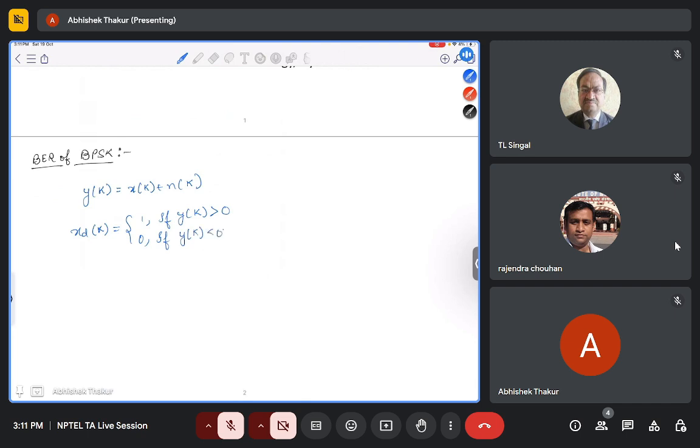So now let's suppose the transmitted symbol is 1. So 1 means root under P and 0 means minus root under P. So let's suppose the transmitted symbol is 0.